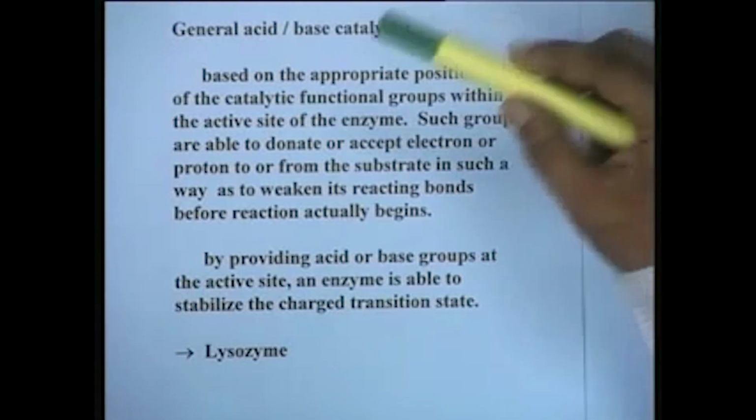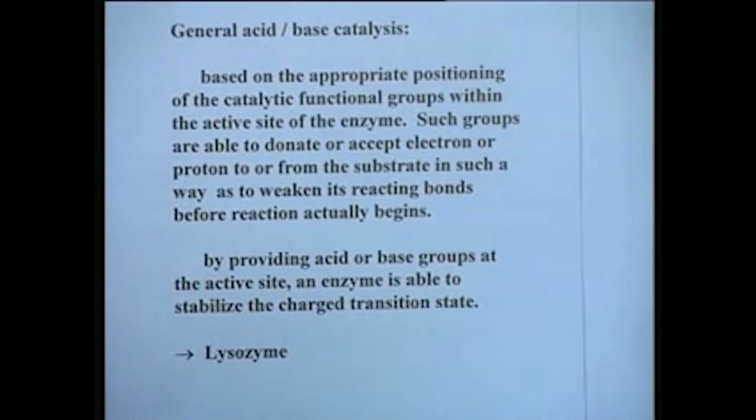Again, a similar theory, just like in the earlier modern rack hypothesis, where we assume that the binding process induces a distortion on the reaction bond. Here, by the participation of the functional groups, the acids or bases, we are weakening the bonds which are involved in the catalysis. Therefore, the energy of activation will be reduced by that amount.